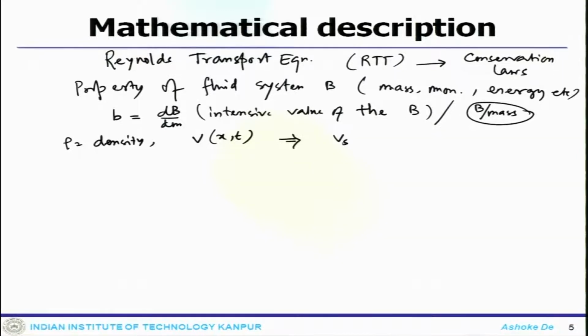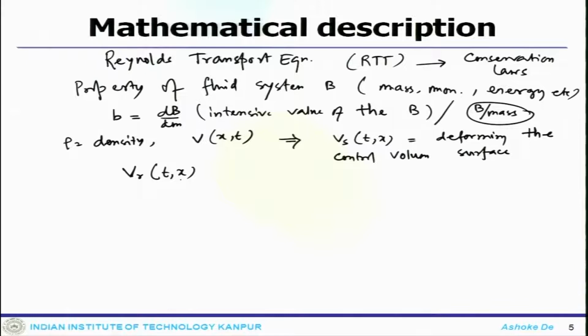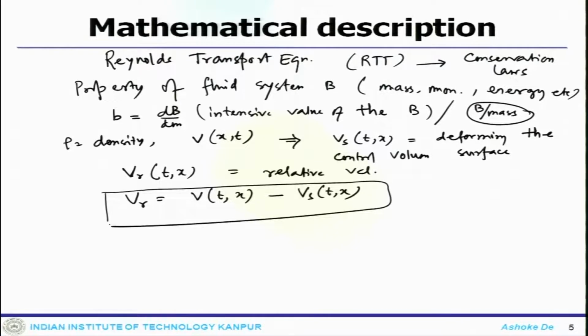One could be Vs, which is the velocity which is deforming the control volume surface, okay, and another component which is called VR. So, essentially this is the relative velocity. Okay. VR is nothing but V minus Vs. So, they are correlated with each other.